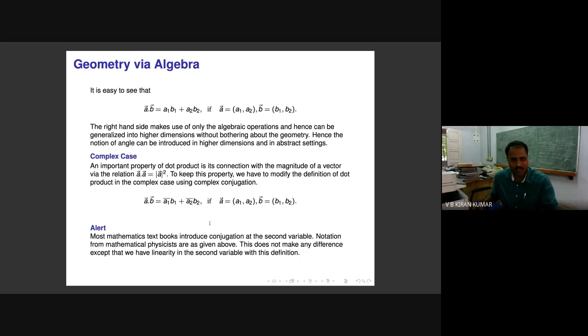That's why I gave this definition. But in fact, it will not make any difference, except that if you are starting with this definition, your linearity will be in the second variable, and if you are using the other definition, linearity will be in the first variable. That's the only difference. But essentially, all the results will be the same.